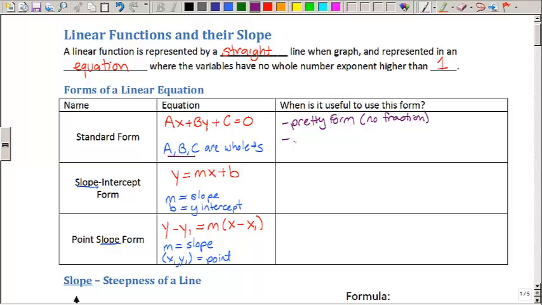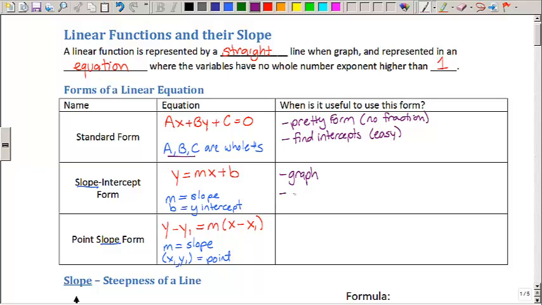Standard form is useful for finding intercepts, the x-intercept and the y-intercept. And I say it's useful because it's easy to do it in this form, and we'll show you that in a little bit. The slope-intercept form is very easy to graph from.